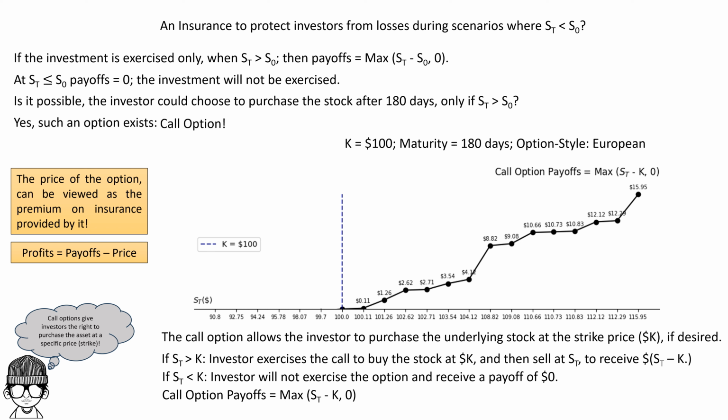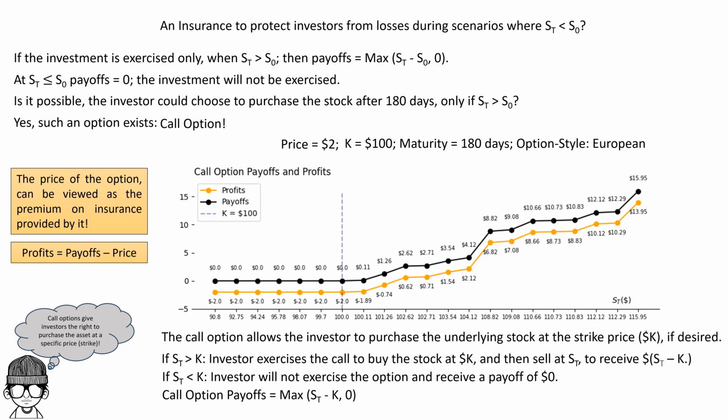But do keep in mind that just because the investor is getting insurance, this doesn't mean the insurance is free of cost. The price of the option can be viewed as the premium on insurance provided by it. So therefore, the profits obtained from a call option will equal the payoffs minus the price. And this is what they will look like.